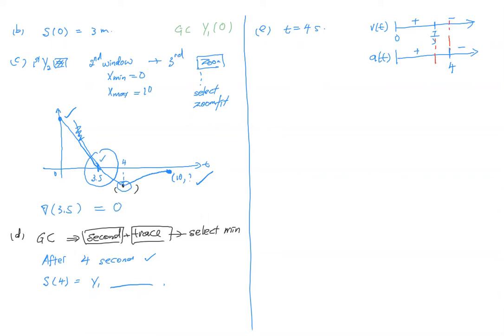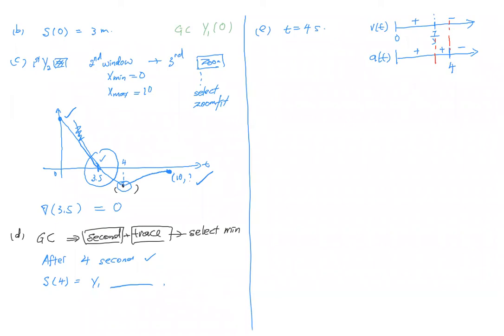Okay, now there are 3 parts. Which 2 parts have the same sign? You want increasing speed, the sign for VT and AT must be the same.